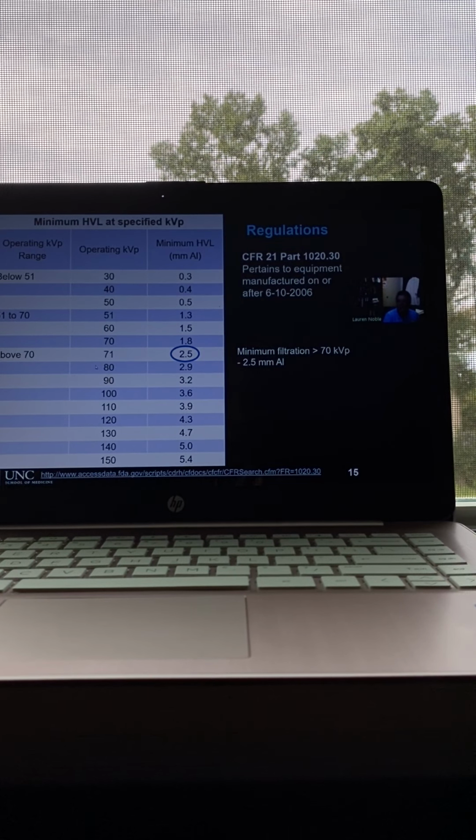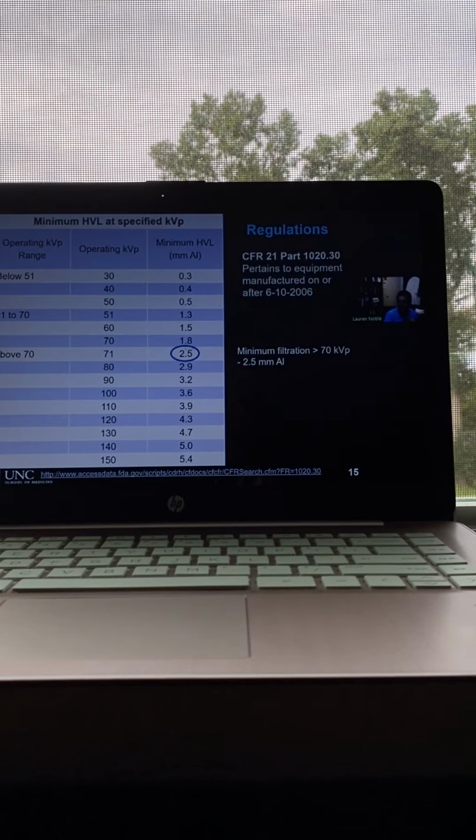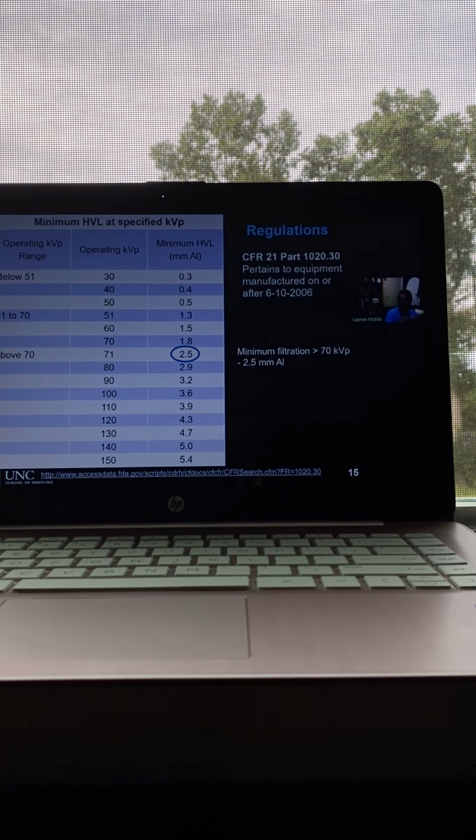And again, keep in mind, this is minimum, okay? X-ray tubes can be manufactured with more filtration than 2.5, but that has to be the minimum amount of filtration that that tube contains, okay? So the vendors will follow the NCRP recommendations for the thickness and amount of oil that will yield 2.5 millimeters worth of filtration.